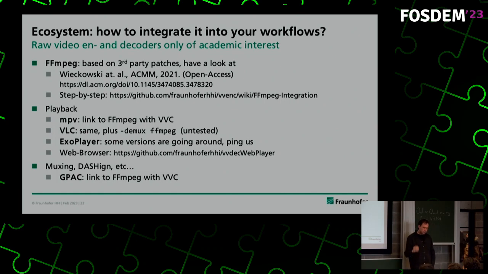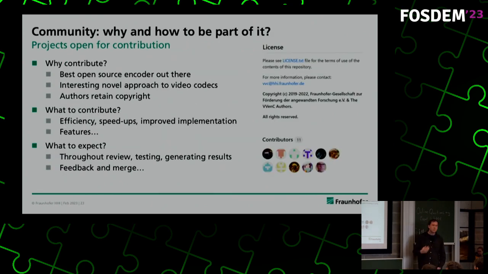We have a toy web browser example, but it's really a toy example. And for muxing and demuxing, you can just use GPAC since version 2.0, and I think it also needs to be linked to an FFmpeg with VVC support.